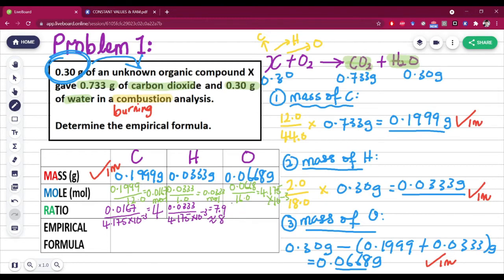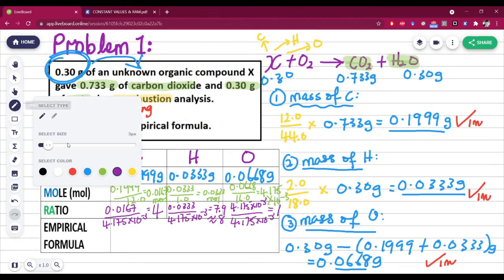So this one is obviously going to be 4.175 times 10 to the power of -3 divided by 4.175 times 10 to the power of -3. You get 1.